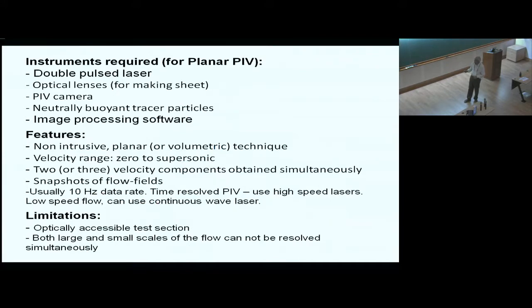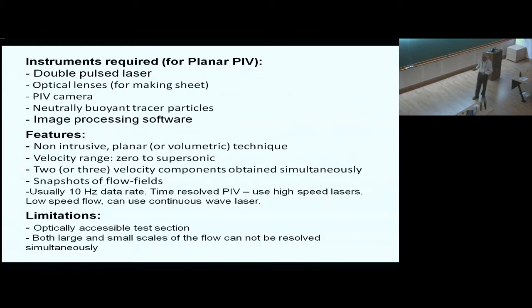And again, it is important to have tracer particles, especially in free convection flows, where the particles need to be neutrally buoyant or at least very small such that they follow the fluid. And of course, like in LDV, it is non-intrusive, and it has been used for essentially a whole range of flow velocities.